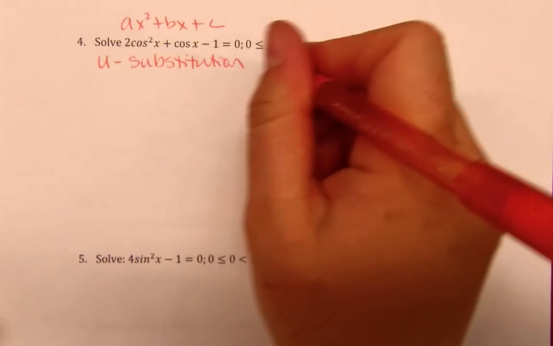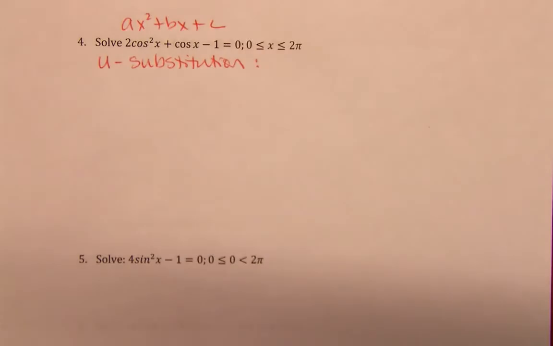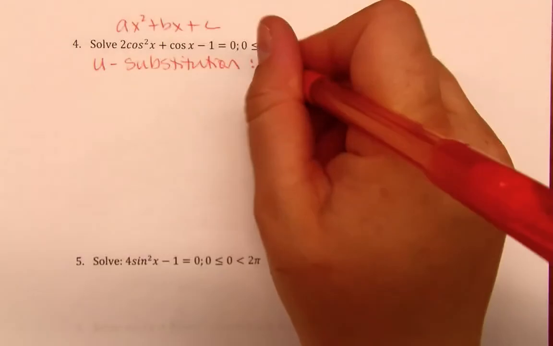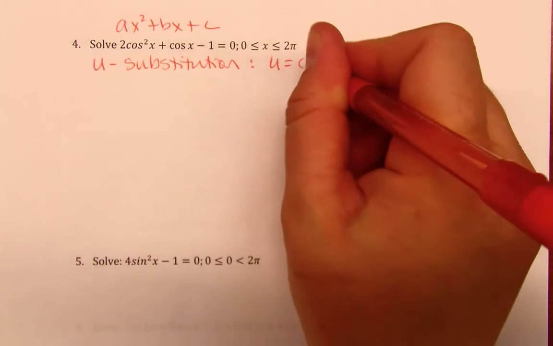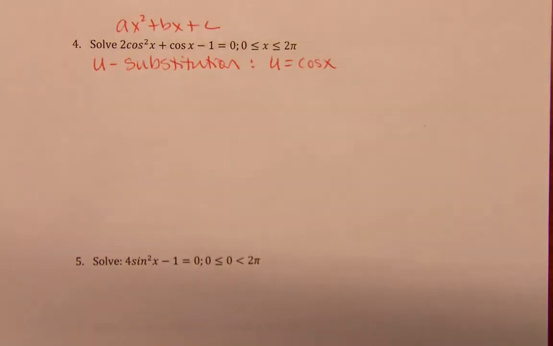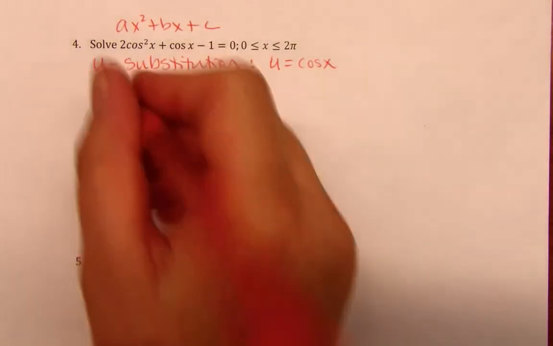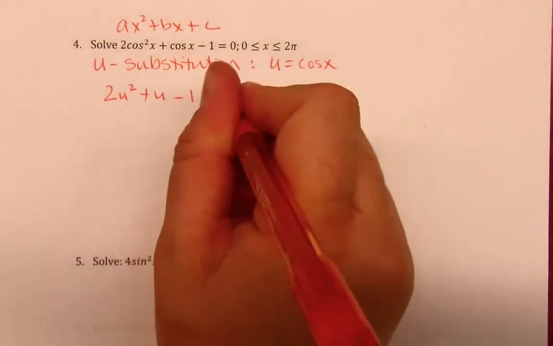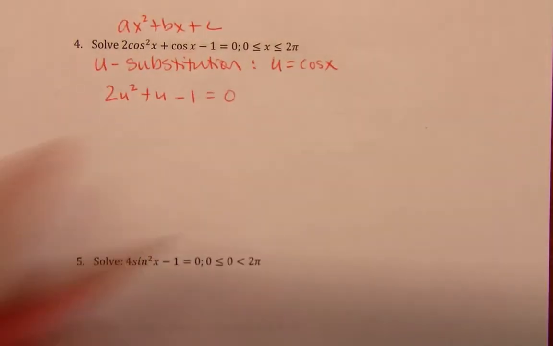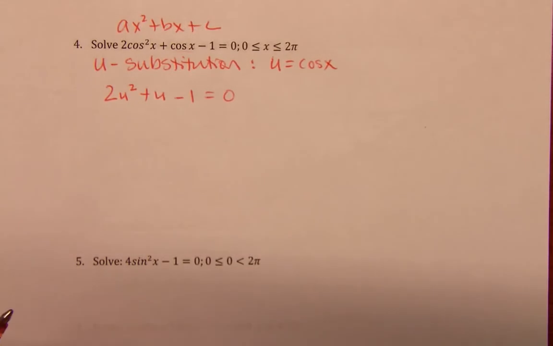Okay, what that means is I'm going to let u equal something. I'm going to let u equal cosine x. And if I do that, then I can replace this with 2u squared plus u minus 1 equals 0. And now that's something I know how to factor.